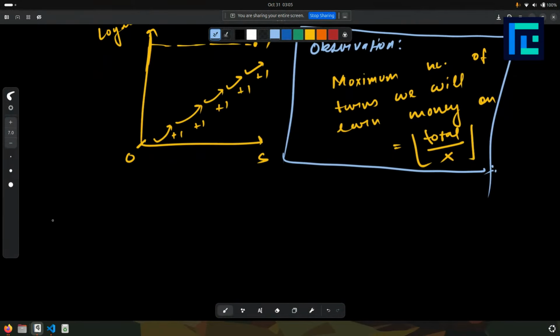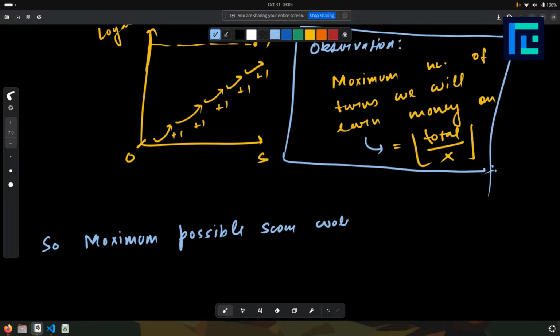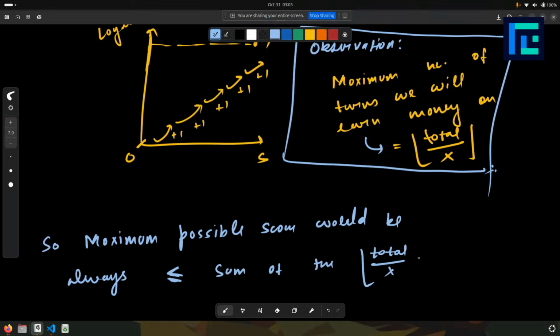Since we know that the maximum number of turns we can earn on is total by X, the maximum possible score would always be less than or equal to the sum of the most expensive items.